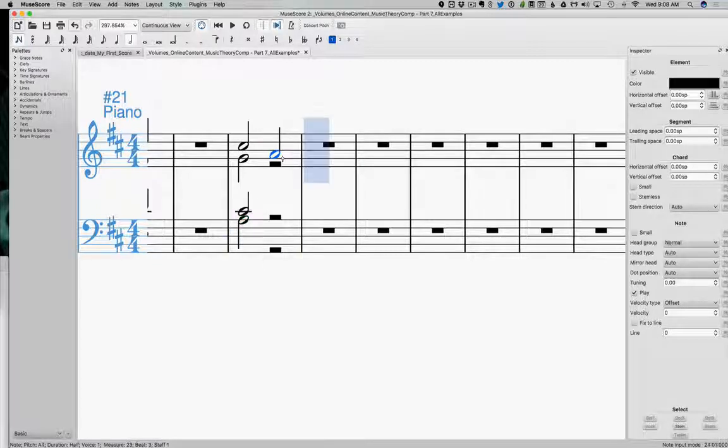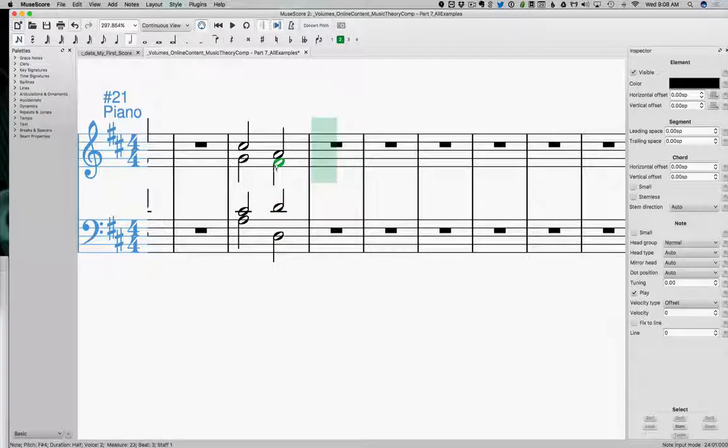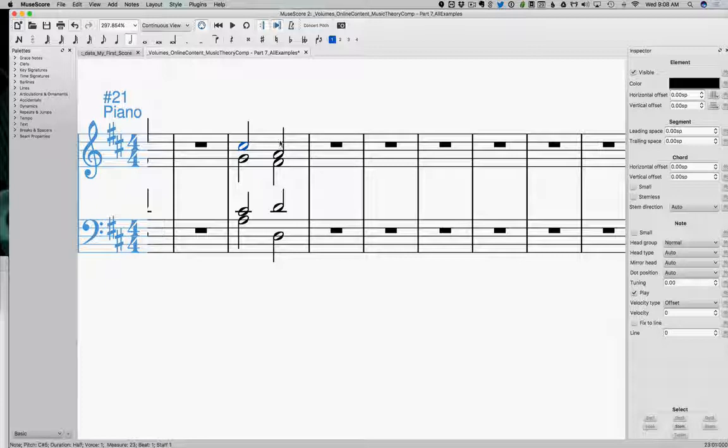So let's try going A, D, D, and F. Okay, let's see what went wrong here. Well, first of all, my leading tone does not go up.